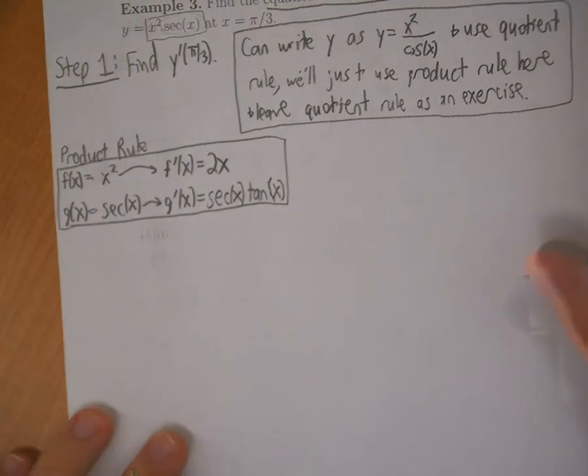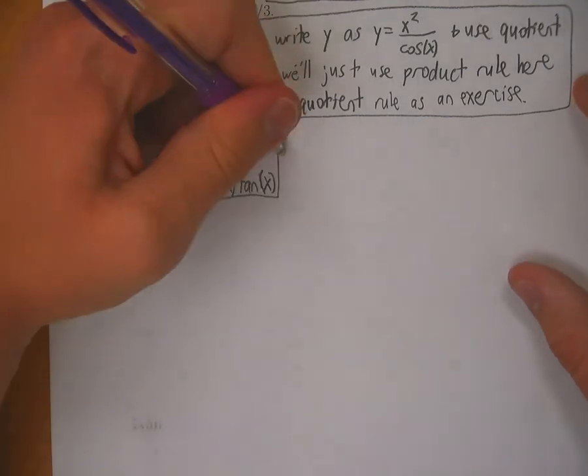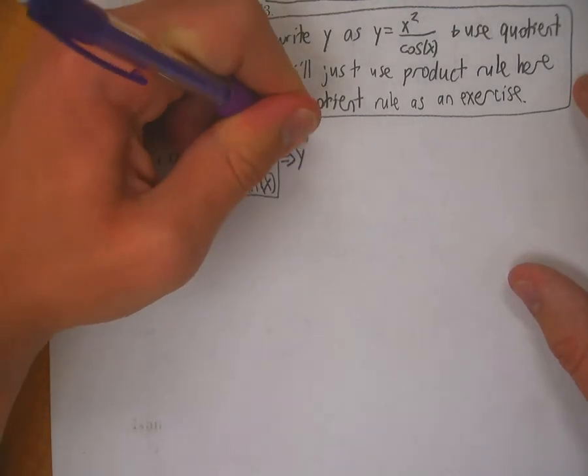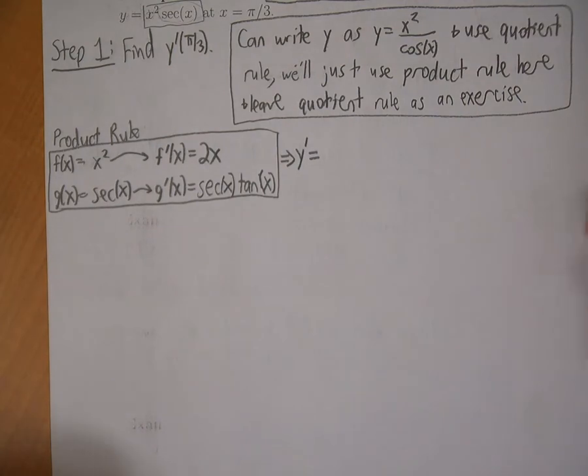Okay. So then, applying product rule gives us that the derivative itself is equal to what?